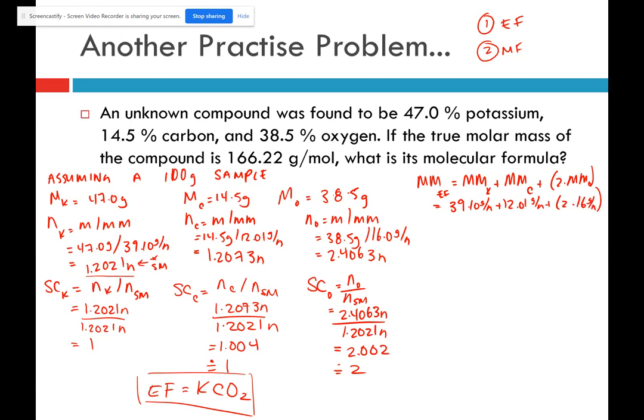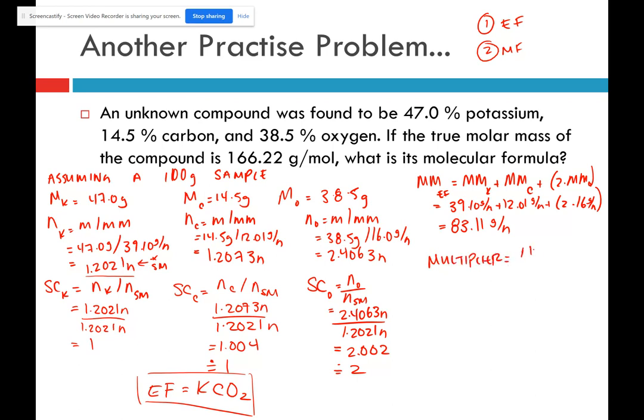It's going to give me 83.11 grams per mole.